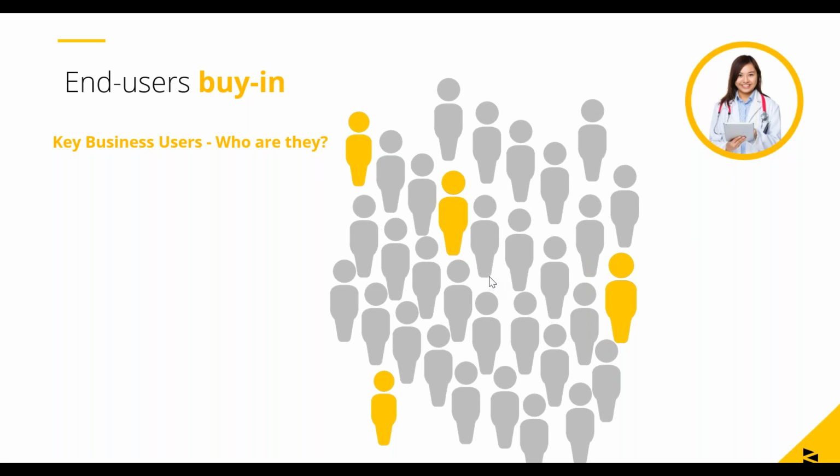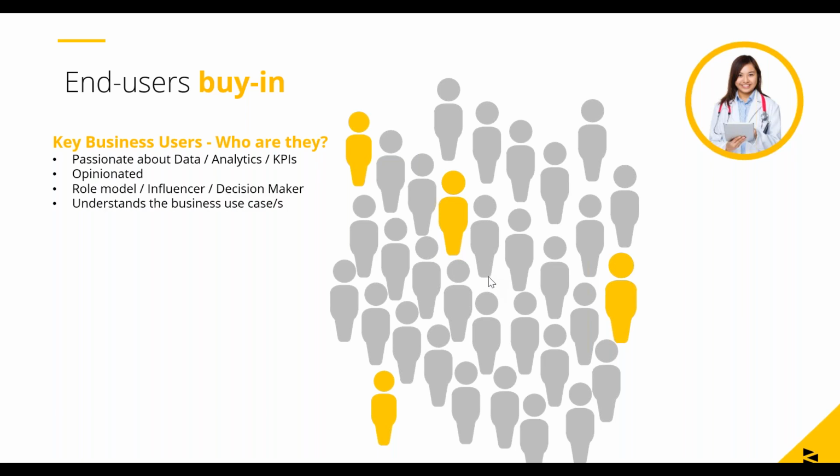Let's try to understand who they are. The key business users will be people passionate about data and analytics and KPIs. You want to choose opinionated people who are a role model, an influencer in the organization, because they will influence others. And you want to make sure that they understand the business use case very well.